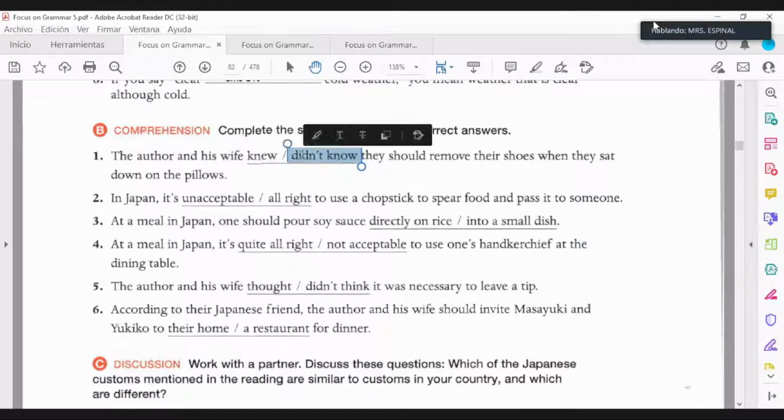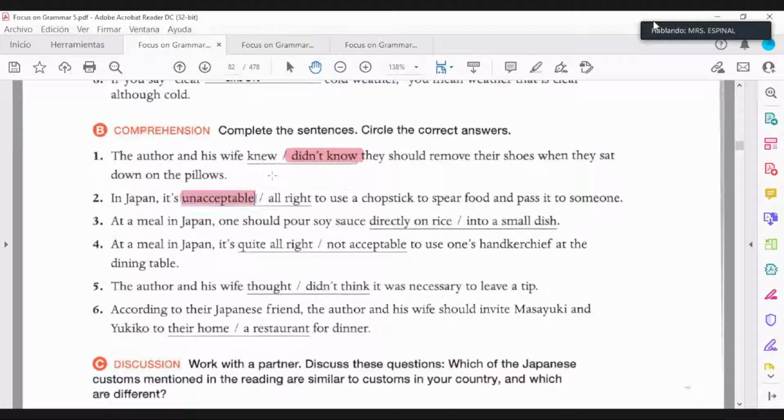Didn't know? Yes. Okay. The second one. In Japan, it's unacceptable or is all right to use a chopstick to spear food and pass it to someone. Unacceptable. Okay.